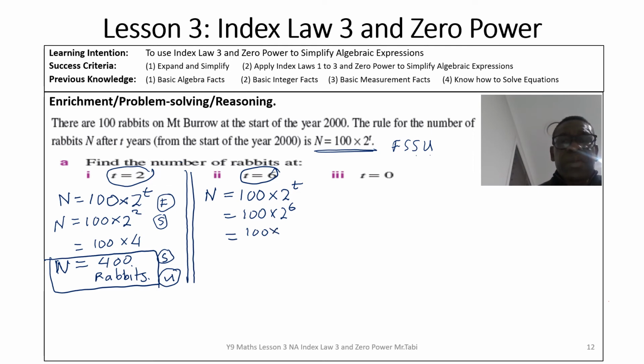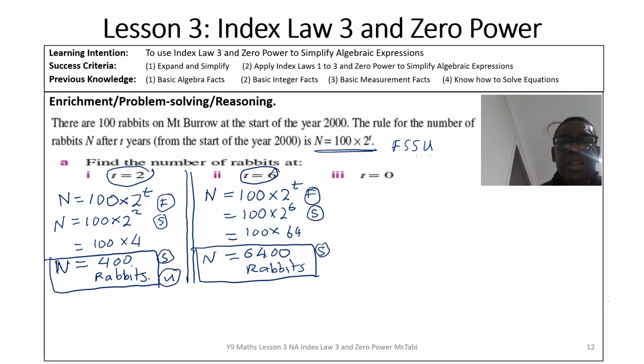So n will be equal to 6,400 rabbits. Again, I've done the formula, I've done the substitution, I've simplified, and I've got the unit.